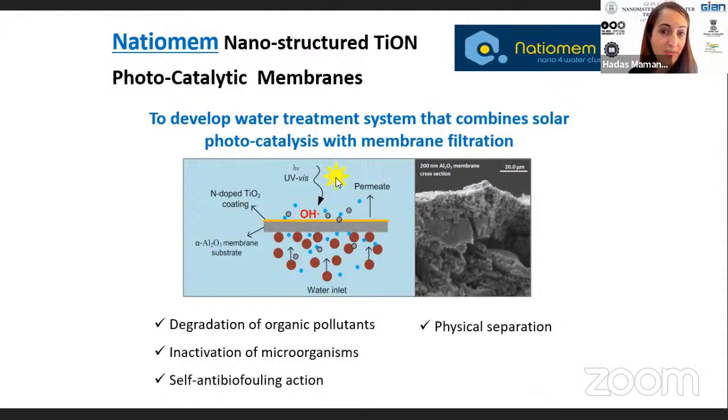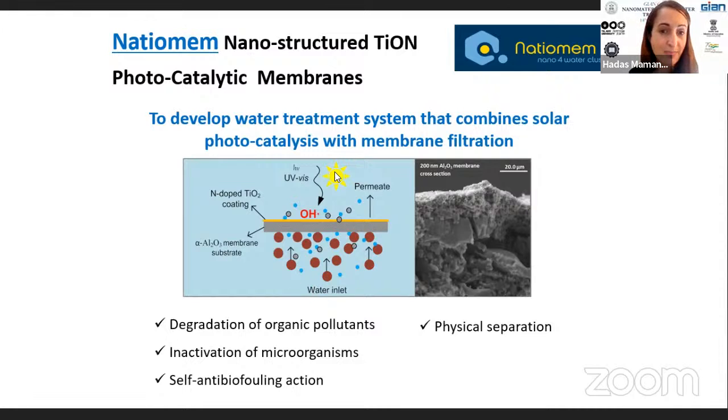We used a solar simulator in order to activate the catalyst. The solar simulator was an ASTM solar simulator that actually simulates solar light at 12 noon at a certain place, and that is according to the standards.